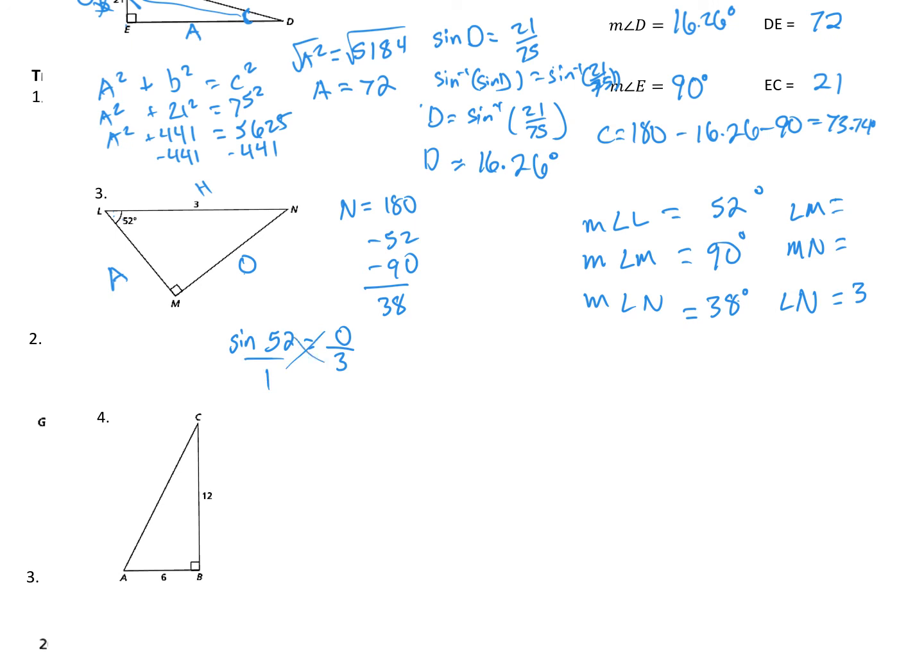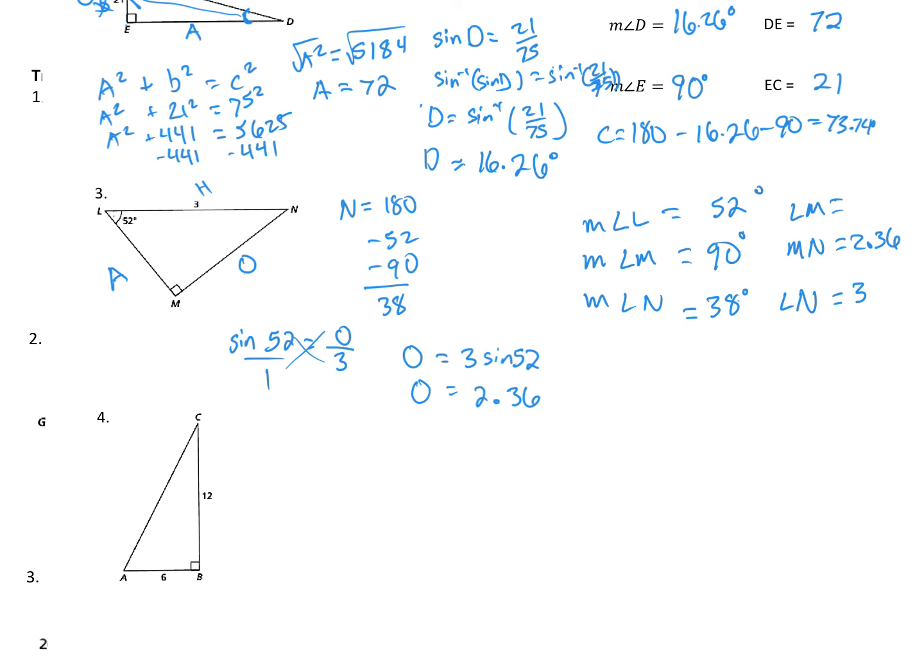Cross multiply. My opposite must equal 3 times sine of 52. 3 times sine of 52, well, that is 2.36.